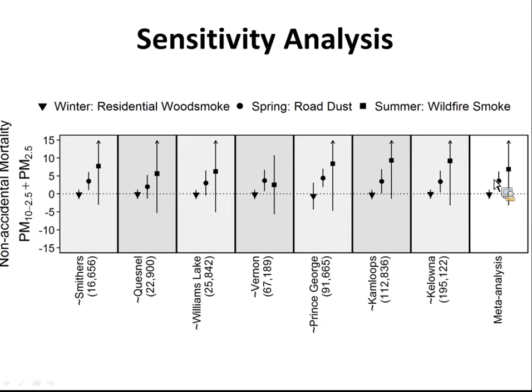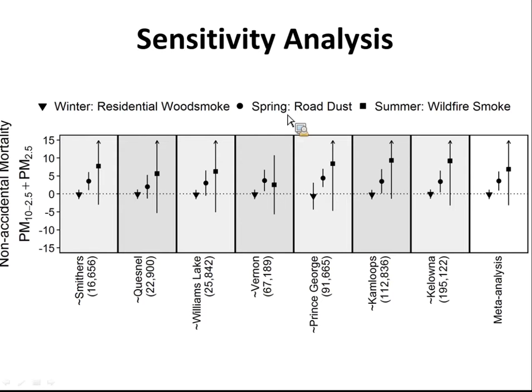So here's the overall estimate, and here's the meta-regression estimates for each community missing. So when we remove Smithers, this stays about the same as this. This stays about the same as this. And that's true pretty much across the board. There's no particular community that is unduly influencing this coarse fraction estimate during the road dust season.